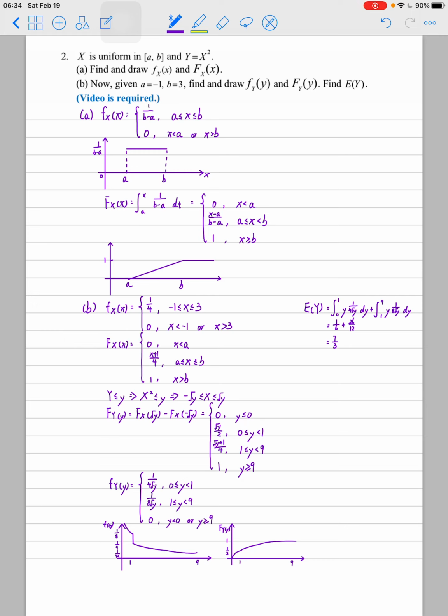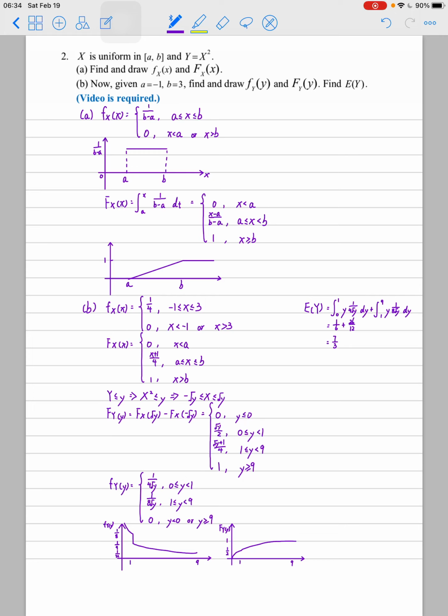Also, we can see y is smaller than y can be shown as x squared smaller than y.